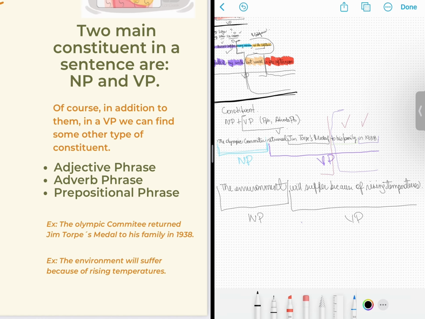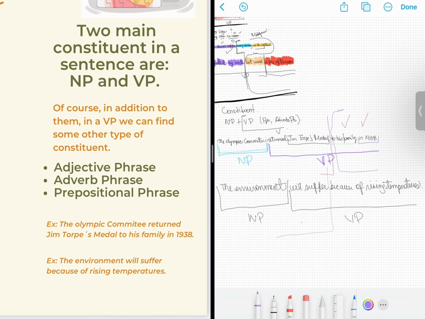And if I read the sentence, the environment will suffer, is it complete or not? Of course, it's complete, right? If I just give this sentence until the verb, the environment will suffer, it is okay.